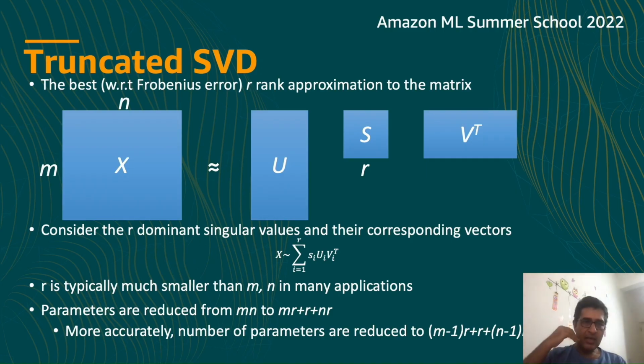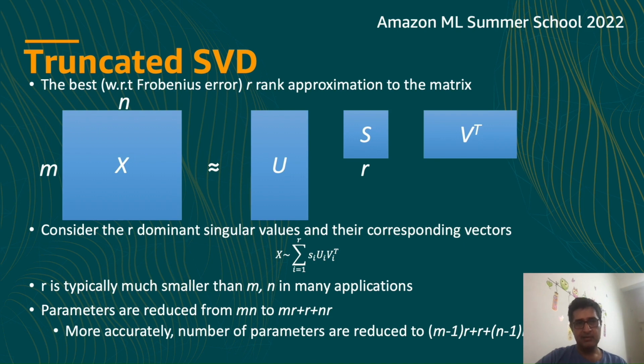So this is what the matrix multiplication actually looks like. You have an m cross n original matrix X, which gets represented in terms of an m cross R, an R cross R, and an R cross n matrix. And typically R is much smaller than m and n in most applications.